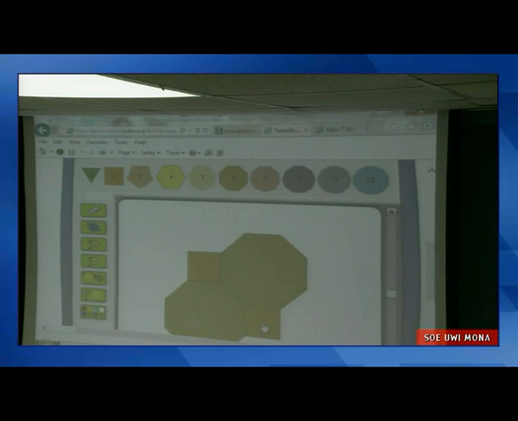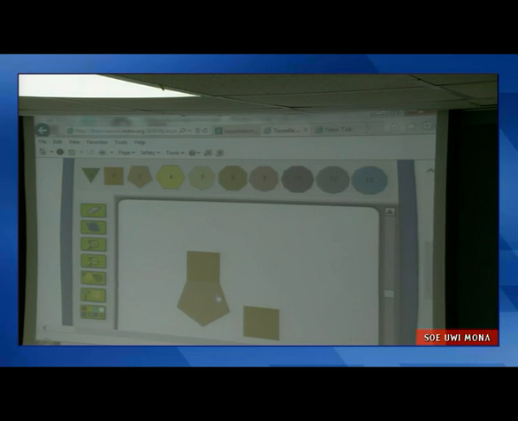Alright, so let's try the pentagon and the squares. There's no rule that says we're done. Donald is suggesting that we try the pentagon and the squares. Now, what kind of formation do you expect at the vertex? I'm using the physical manipulation.